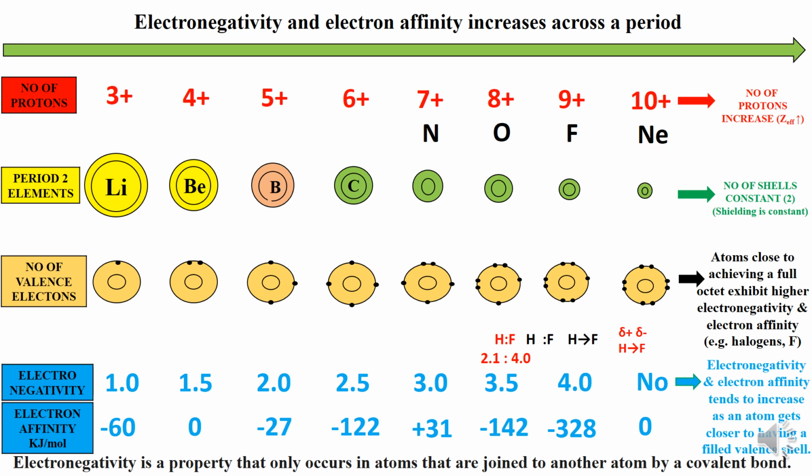Here in the values you can see beryllium and nitrogen have a positive sign, showing that addition of an electron will make the atoms unstable. Addition of electrons in the case of beryllium and nitrogen leads to an unstable electronic configuration, and therefore it is an endothermic process. So there are a few exceptions in electron affinity as you move across the periodic table from left to right.